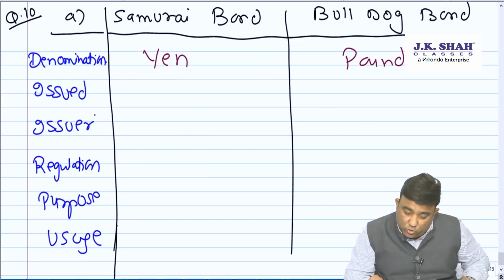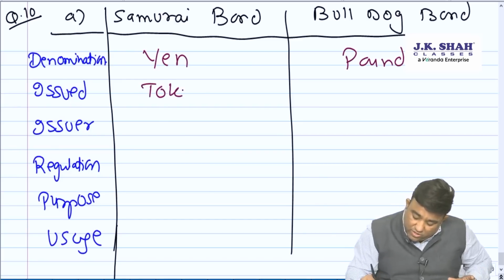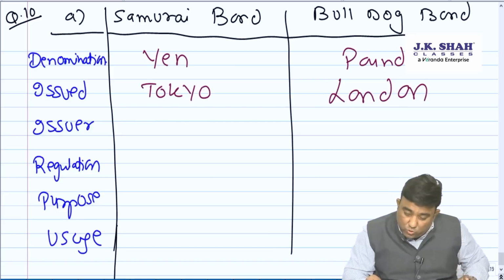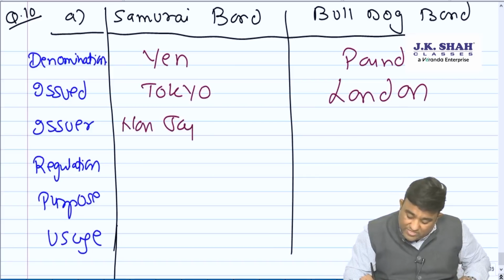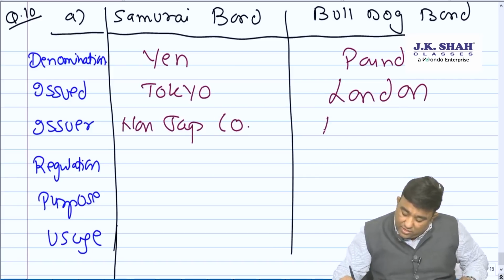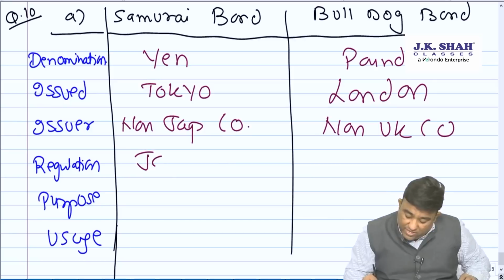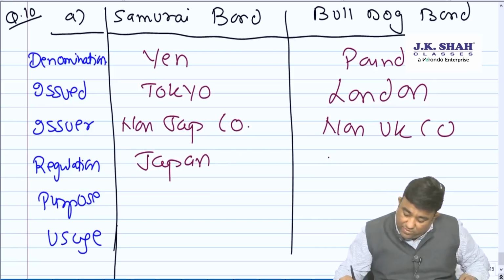Second, issued in which country? This is issued in Tokyo, this is issued in London. Who are the issuers? Non-Japanese companies, and this is non-UK companies. Regulations will be governed by, obviously, Japan, and this will be governed by Great Britain.